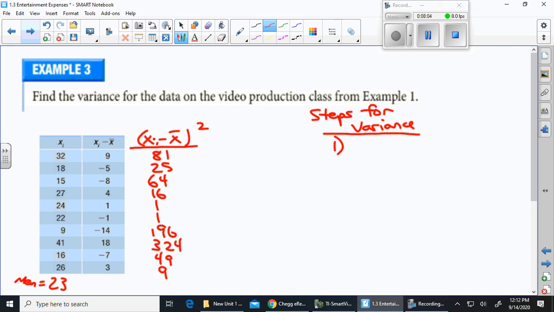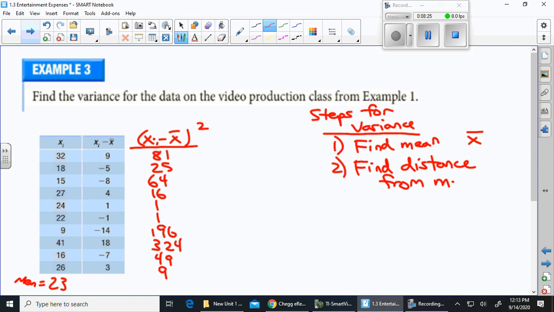Your first step is find the mean, which on this table I found was 23, x bar. Second step, find the distance from the mean, which is that second column, xi minus x bar.